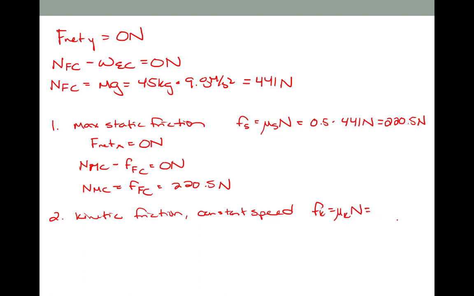The kinetic friction coefficient was 0.3 times 441 newtons, and that works out to be 132.3 newtons. Now applying Newton's second law, again, my push equals the force of friction, and therefore equals 132.3 newtons.